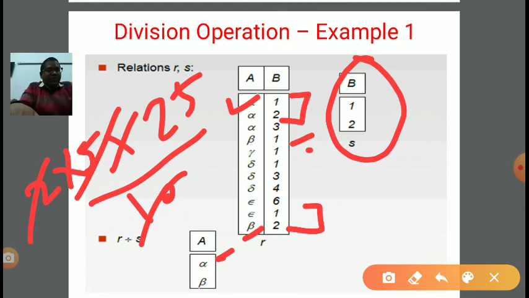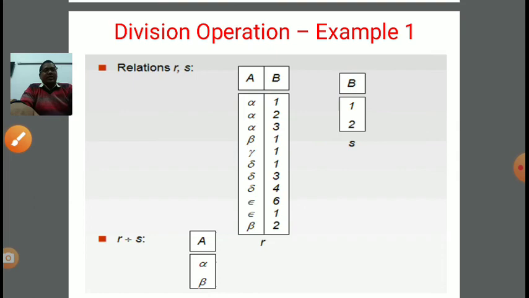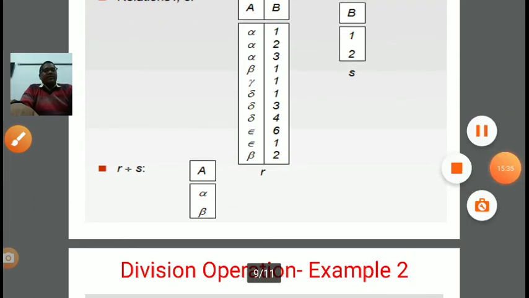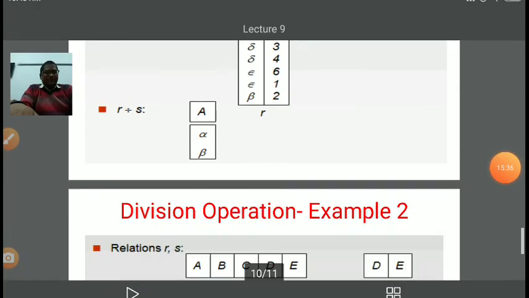For the second B value 1, the corresponding A is gamma, so it will not be picked. So the final output will have two rows and only one attribute A, with the two rows alpha and beta, right? So in this manner we can apply the division operation also, right?